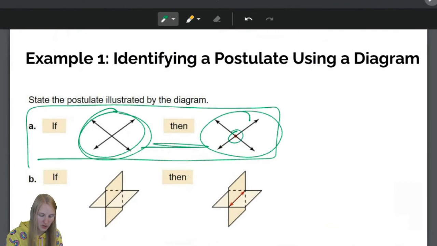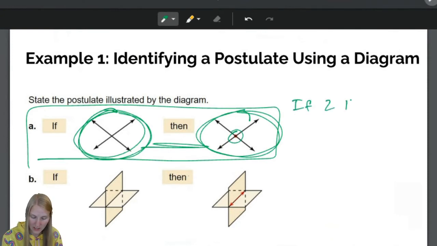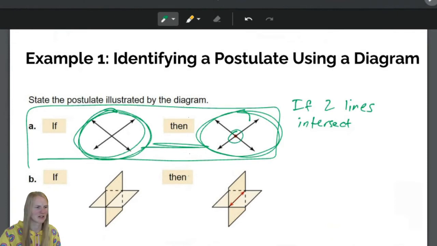So if 2 lines cross, then there's a point in the middle. If 2 lines intersect, then what? Which postulate was that? I gotta go through them. It's the line intersection postulate. It's postulate 2.3, the line intersection postulate.